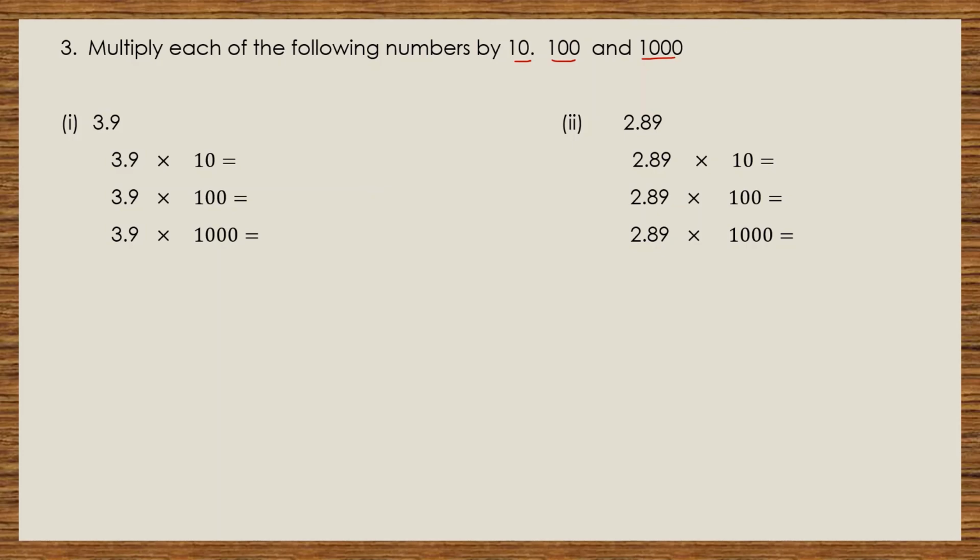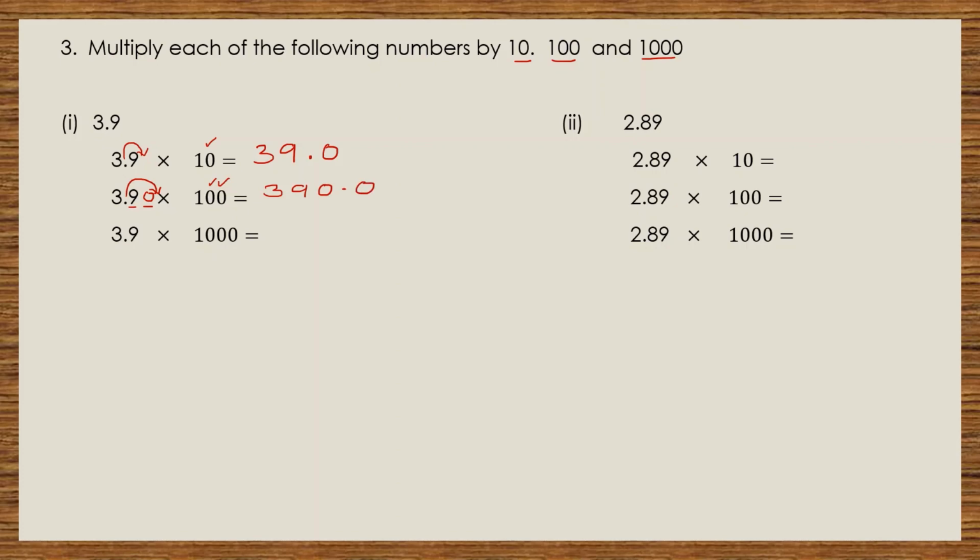So the first question, 3.9 into 10. 10 has one zero, so the point will move only one place to the right. So the point comes here, and my number is 39.0. Now 100 has two zeros. My point has to move two places, 1, 2, and then the point comes there. So I need to put a 0 here, and my number is 390.0.